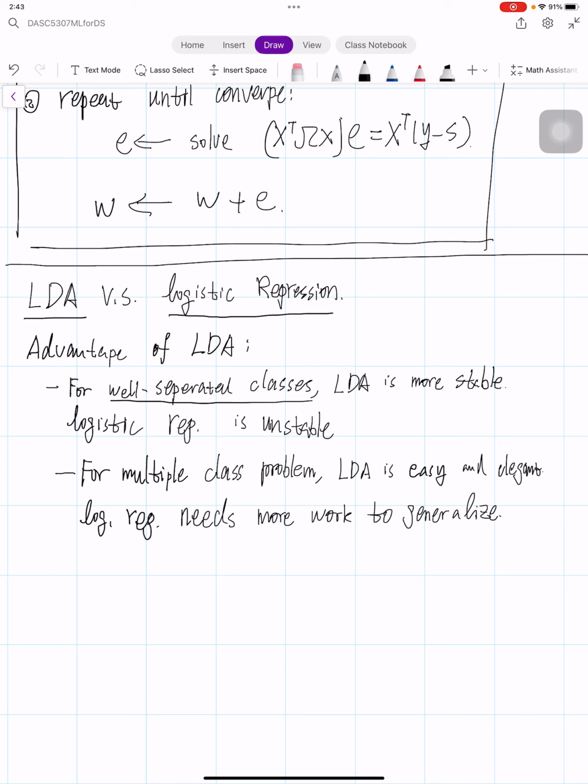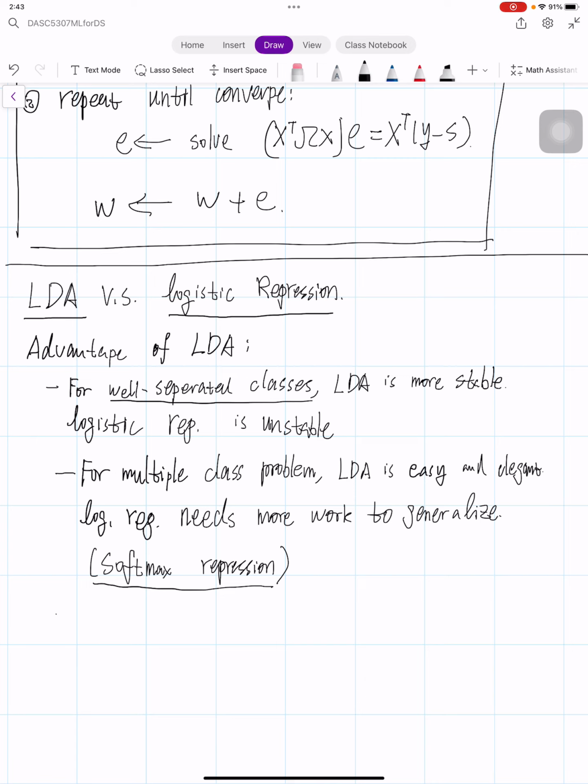Actually, there is a name called softmax regression. If we have time, we will also go over the softmax regression later.